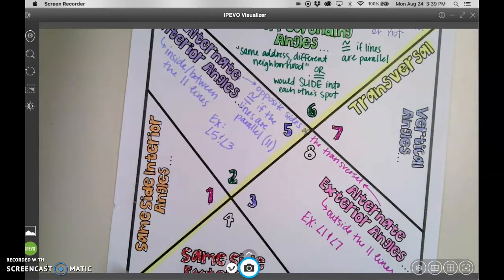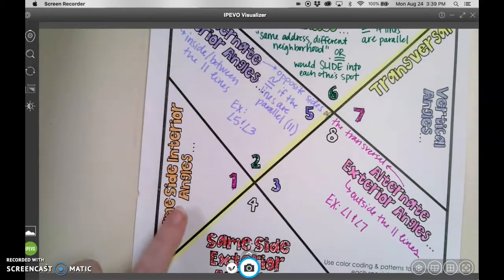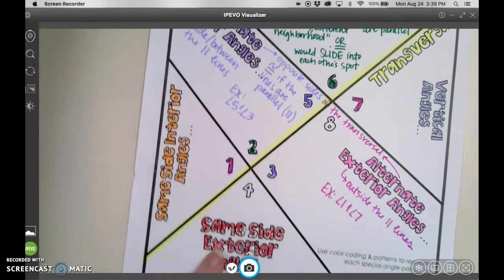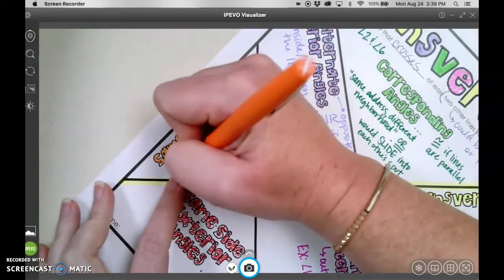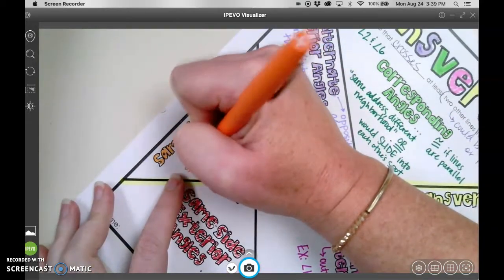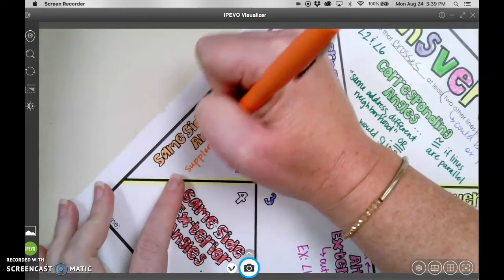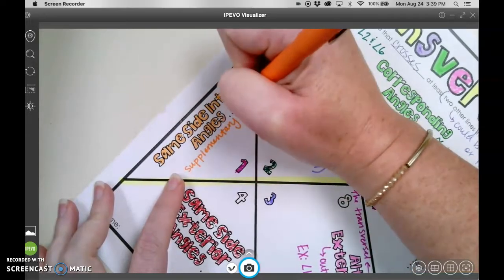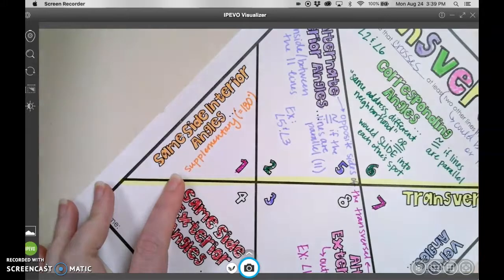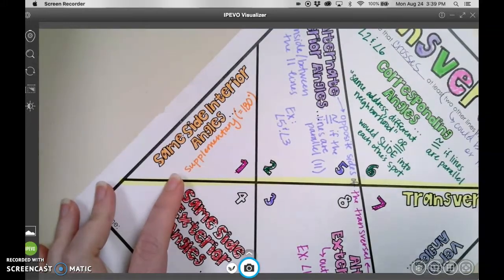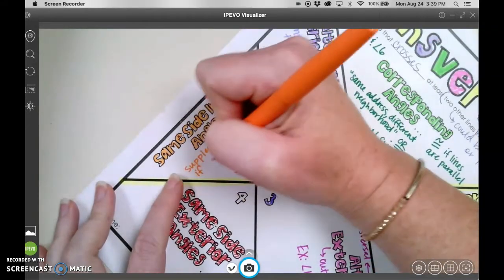Then down here we have same side interior and same side exterior. Same side interior angles are going to be supplementary. And if you remember from class, that means they sum or add up to 180 degrees if the lines are parallel.